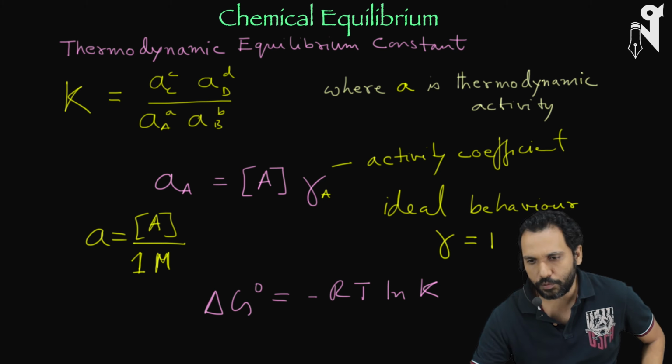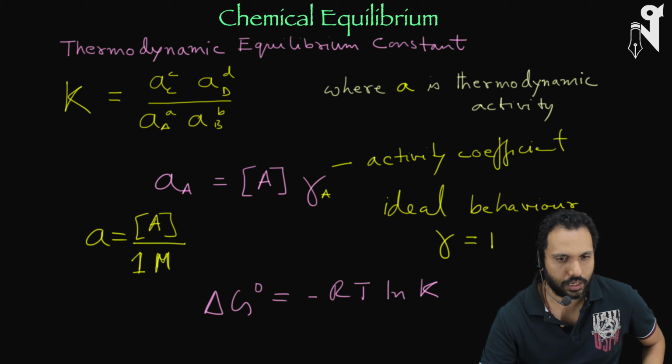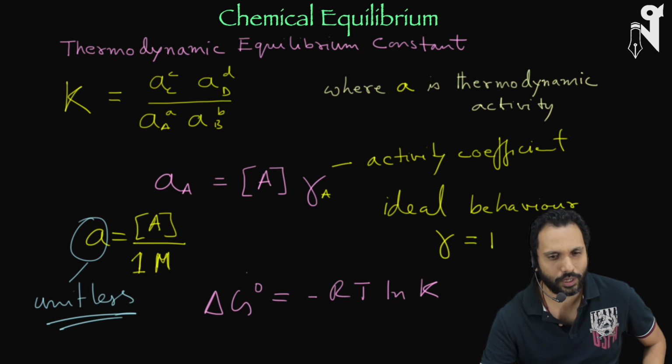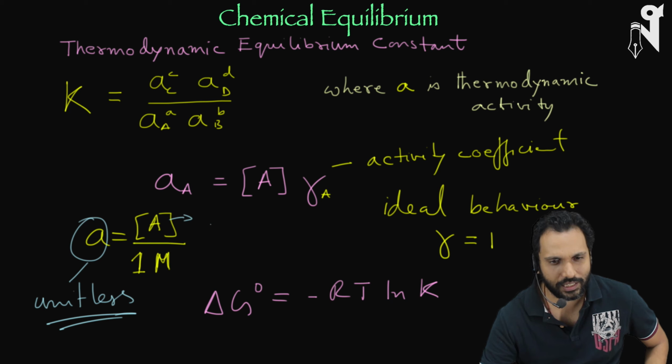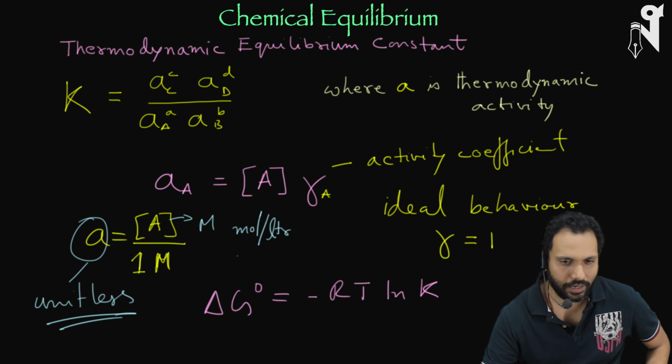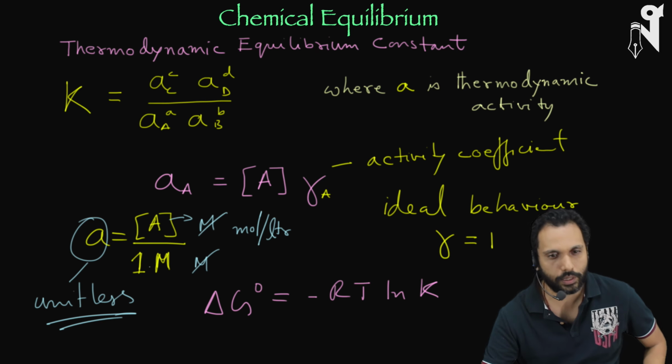Ultimately, this activity becomes unitless, because the concentration has a unit of molarity, moles per liter, and you have divided by molarity, so the molarity cancels out and you have a unitless quantity.